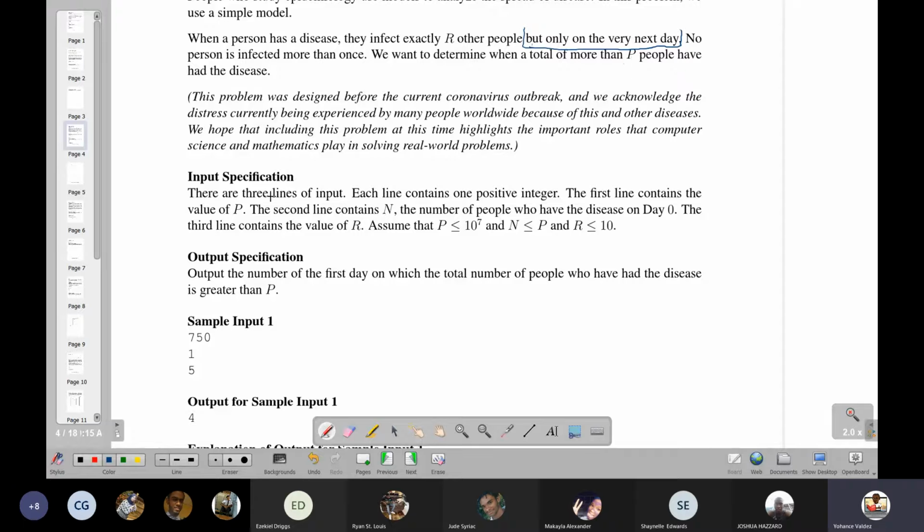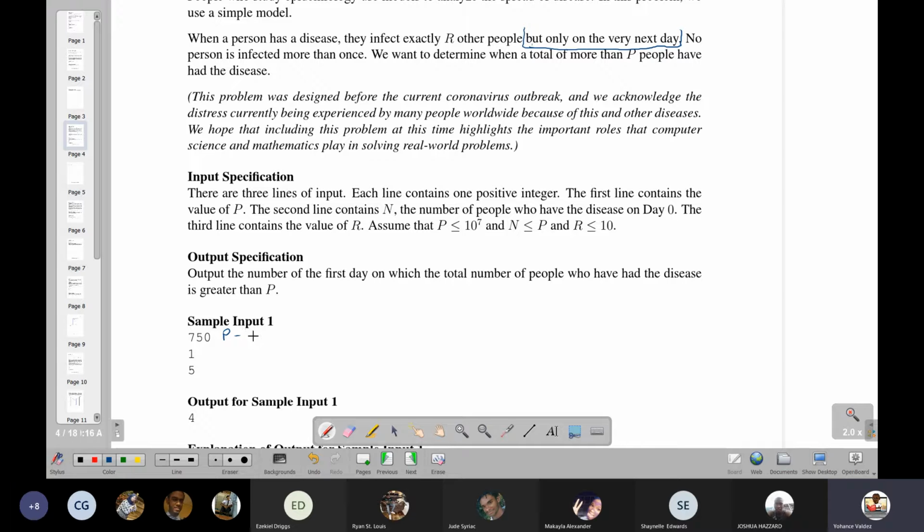There are 3 lines of input, so each line contains one positive integer. The first line contains the value of P. So this is P, and this line represents the amount of people they want to know how long it takes to reach.